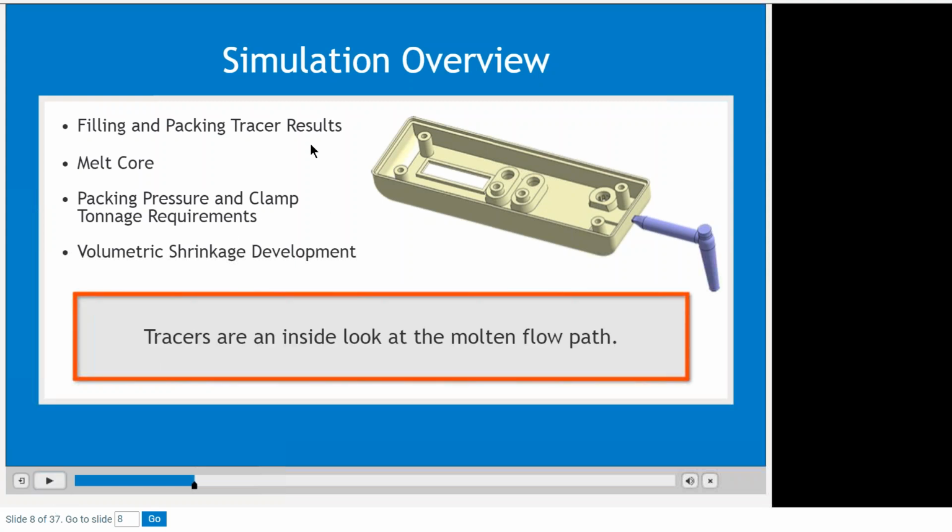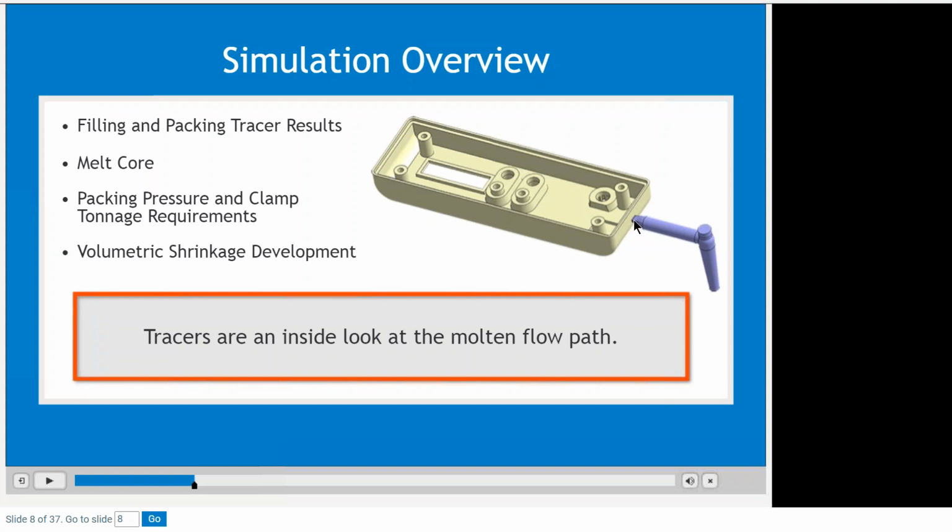Just to stop here very quickly. So we look at the filling and packing tracer results. And what you will see is little dots moving around inside of the cavity. Pay attention to them, because you will find that from the gate, these tracer particles will fill the part, like you fill it with material. And then when the packing starts, you will still see little tracers continue to move.